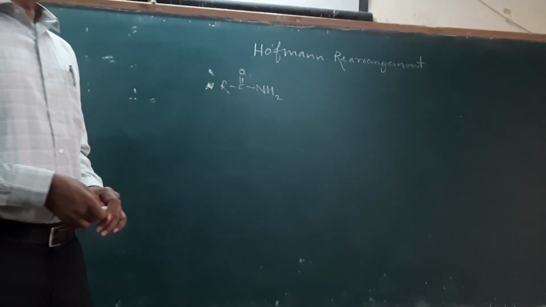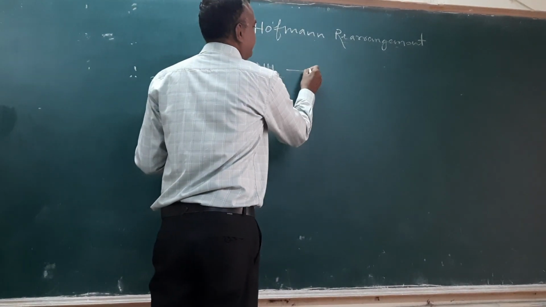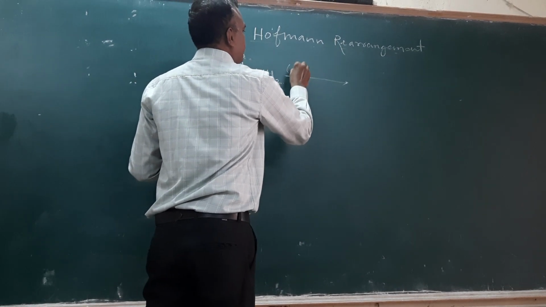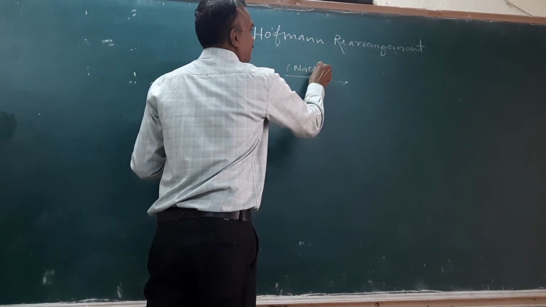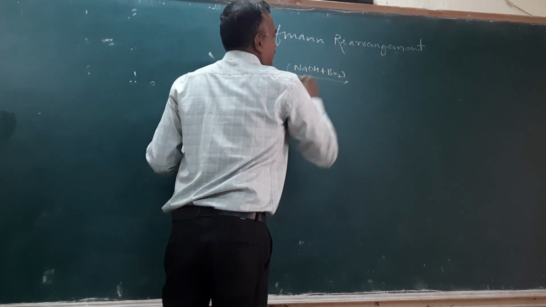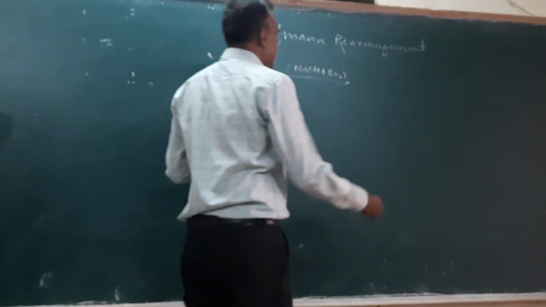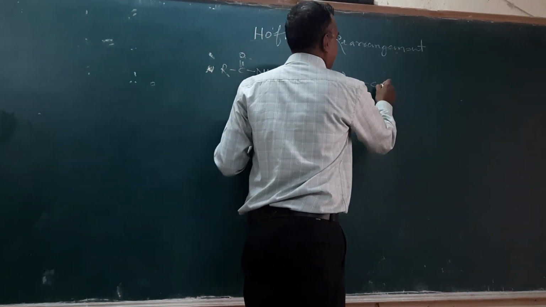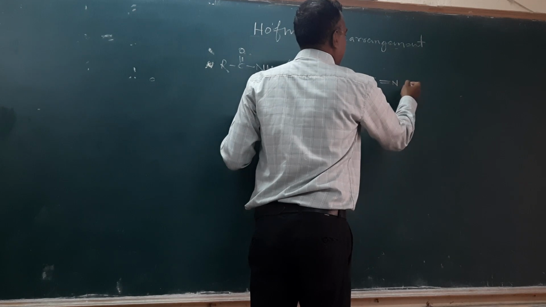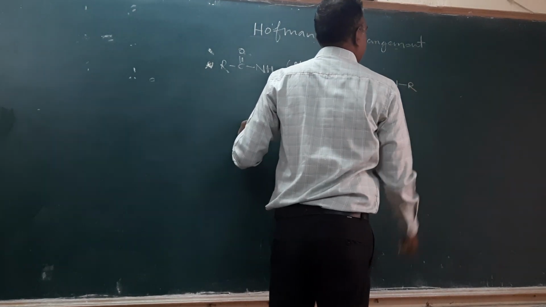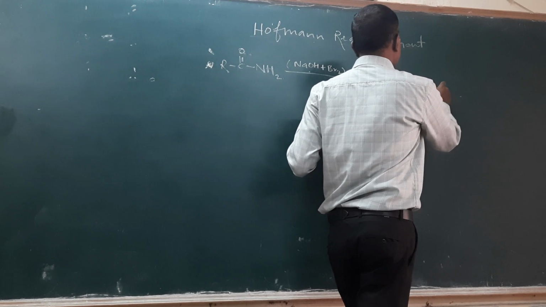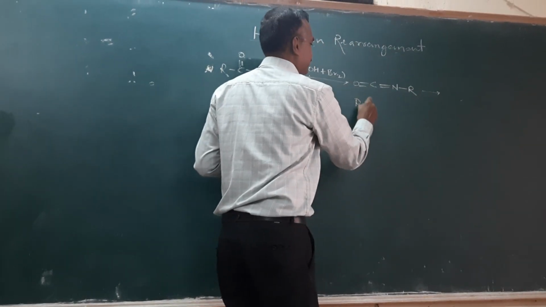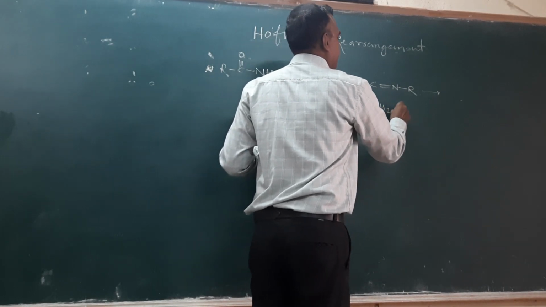On this amide, reaction with Br2 will give, and finally it will end up with something like a ketene.